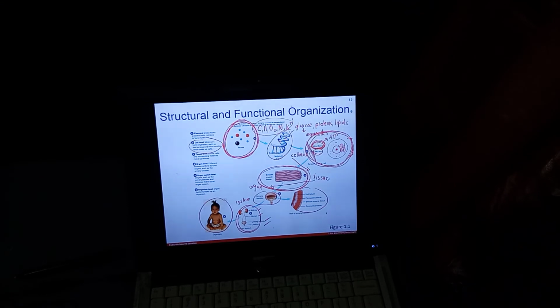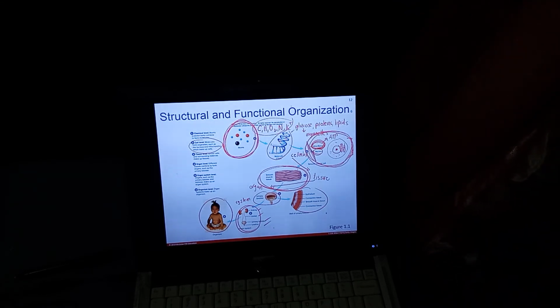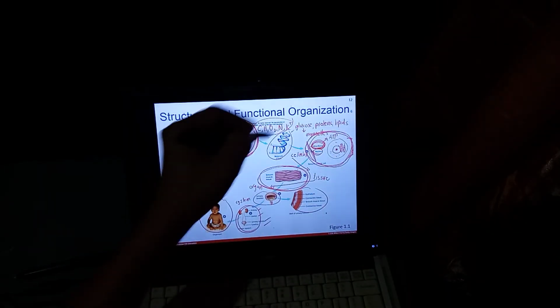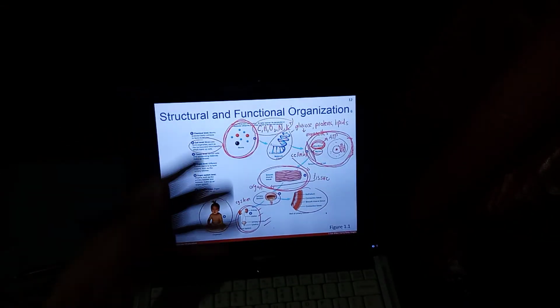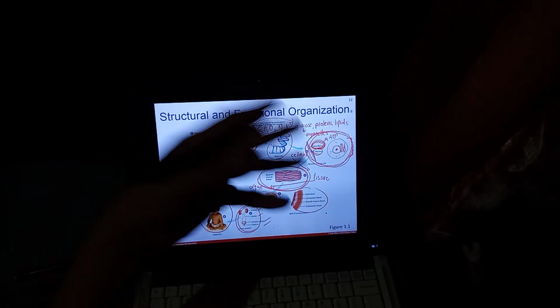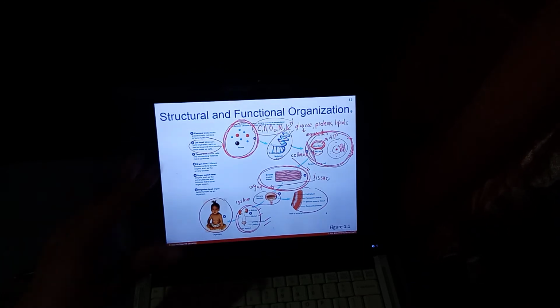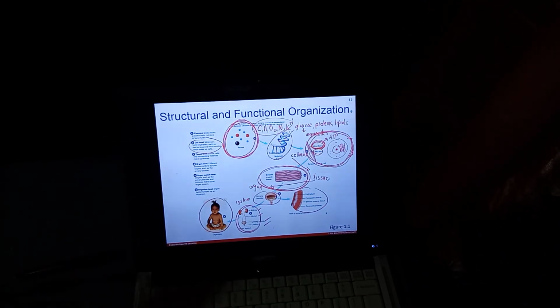Different molecules, in their arrangement, form your organelles. They have specific functions, like the mitochondria, nucleus, ribosomes, and so forth. They each have their own job, but the mitochondria or nucleus by itself cannot drive life.